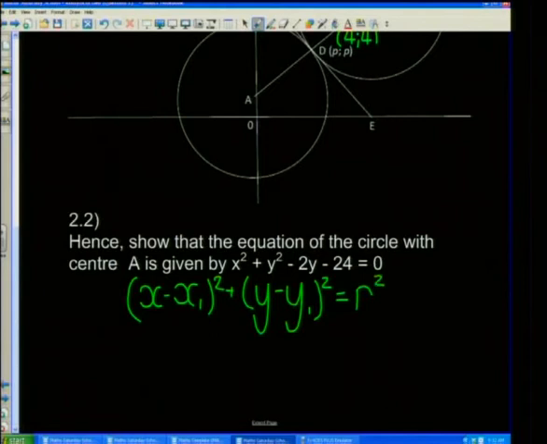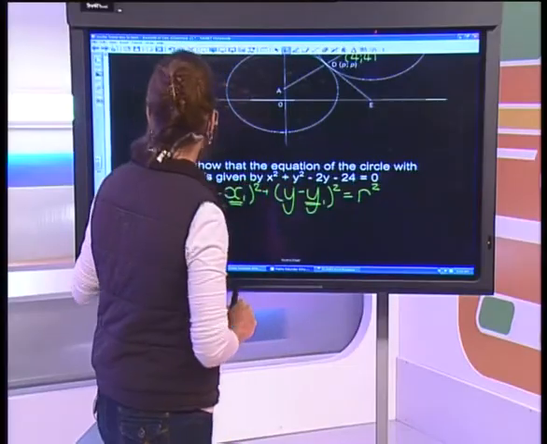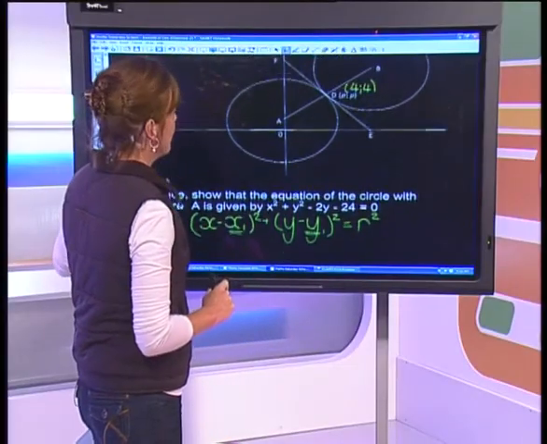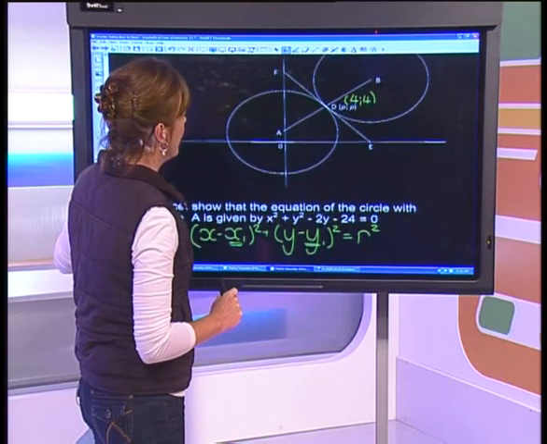Remember that this coordinate over here and that coordinate over there are going to form the center points of your circle. So what are we going to do? We are going to have a look at what we've got over here.